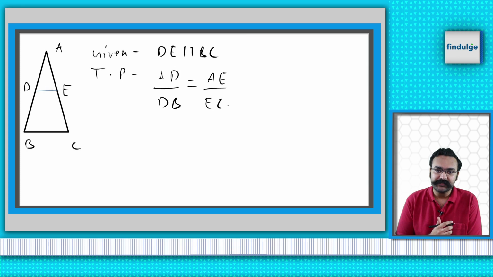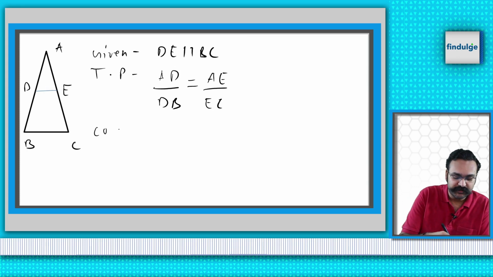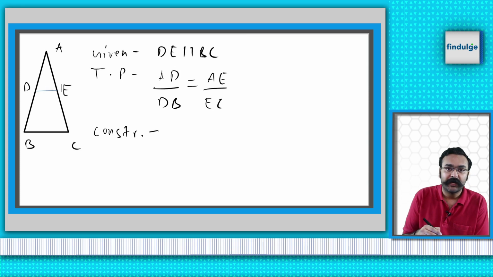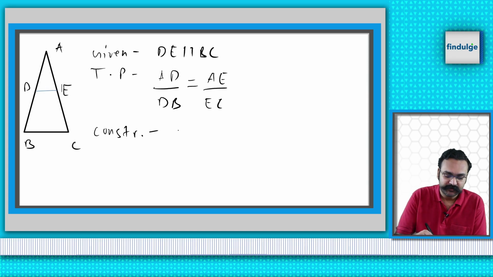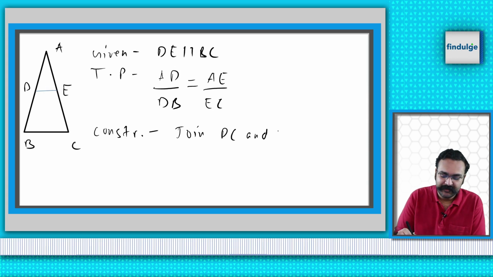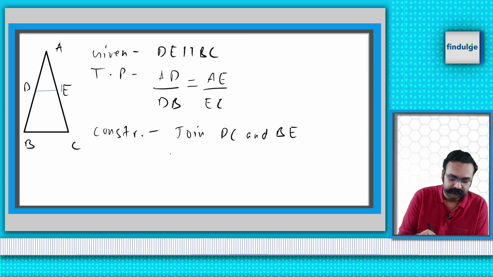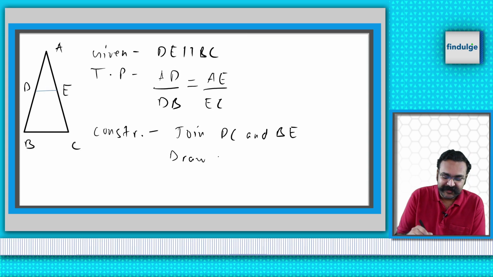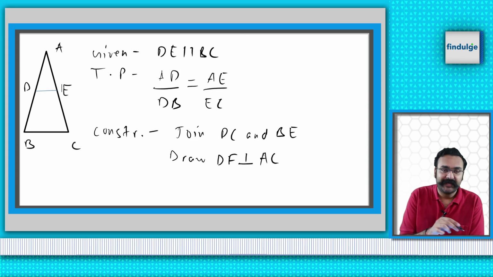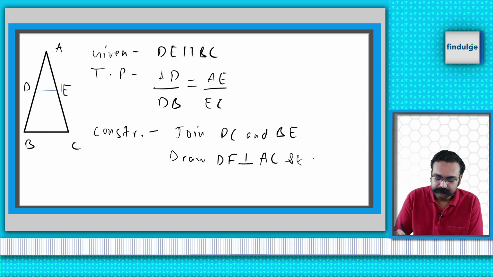So to prove this, we are going to do a couple of constructions, which are, first we will join DC and BE, and we will draw DF perpendicular to AC such that F is on side AC, and EG perpendicular to AB.